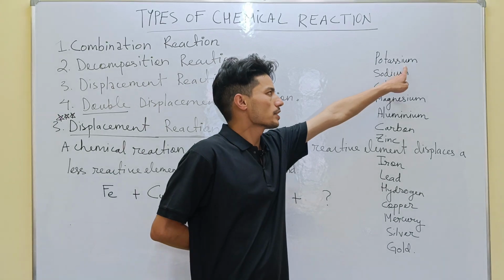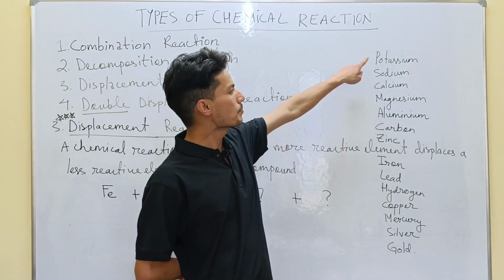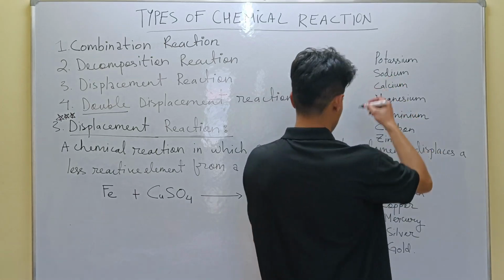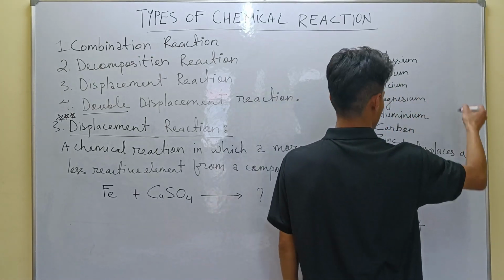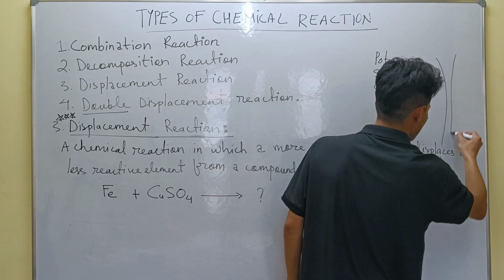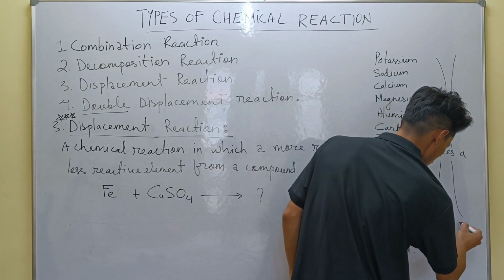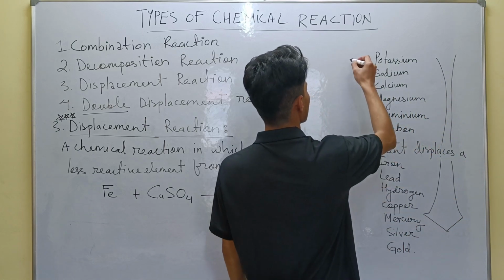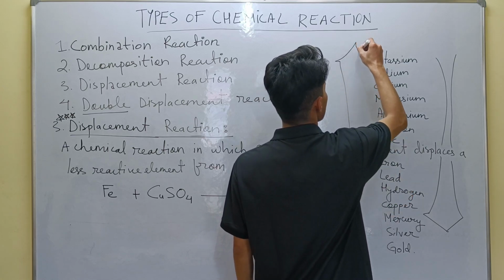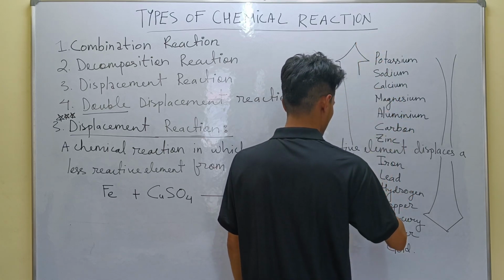We start from potassium, making potassium the most reactive element. So there will be two arrows. You can always study like this, or you can go like this. Oh, my arrow.